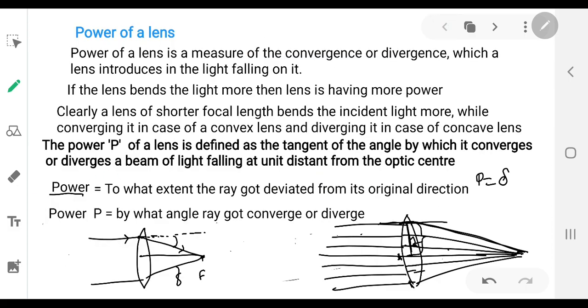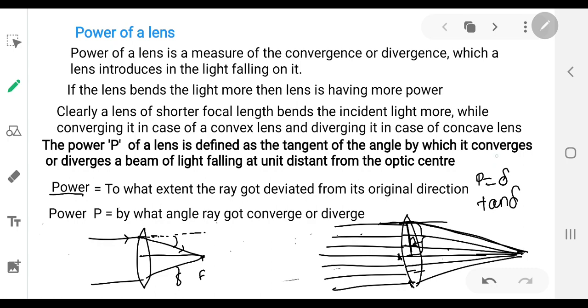So after studying this in detail, now you can define the power of a lens as, power of a lens is defined as the tangent of the angle by which it converges or diverges a beam of light falling at unit distance from the optic center.